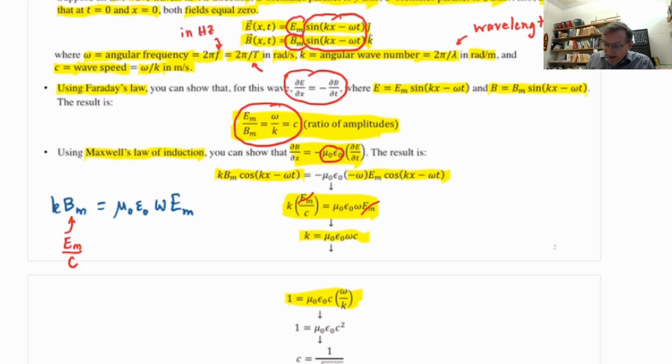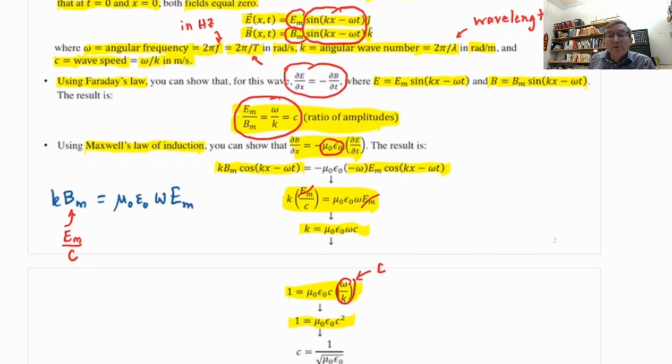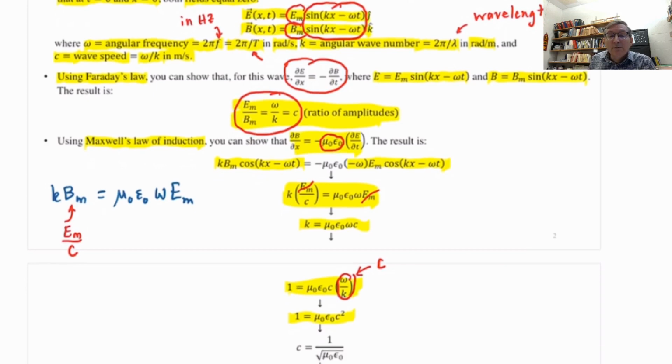But omega over k, that combination, equals c. So now what I've got is 1 equals mu0 epsilon 0 c squared. I'm being very careful about how I reveal these things. So solve that equation for c. c equals 1 over the square root of mu0 epsilon 0.